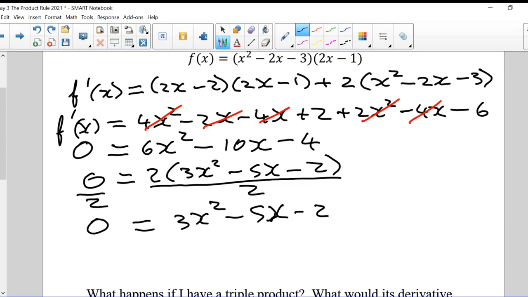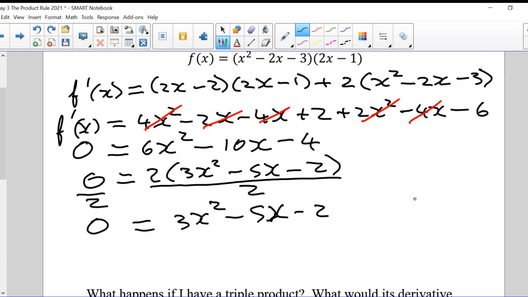Even though 6x squared minus 10x minus 4 is not the same thing as 3x squared minus 5x minus 2, the solution for the equation, where you set it equal to 0, is the same, right? There will be two different graphs if I were to graph them, but they'd have the same zeros. They would still go through the x-axis at the same place.